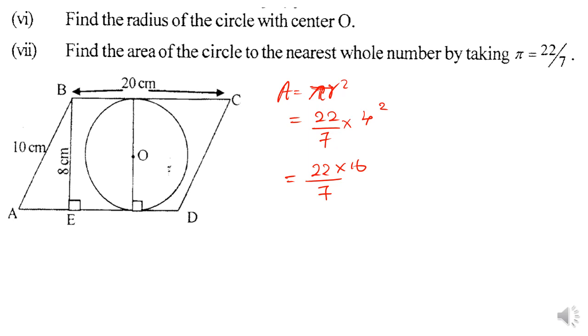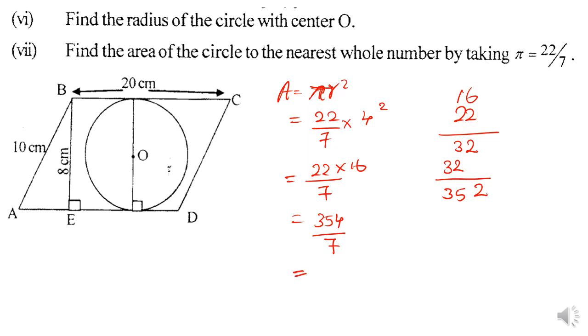So we can do this simplification: 2 into 16 is 32, again 2 into 16 is 32. You add these, and you get 352 divided by 7, and if you divide this one, you can give the answer.